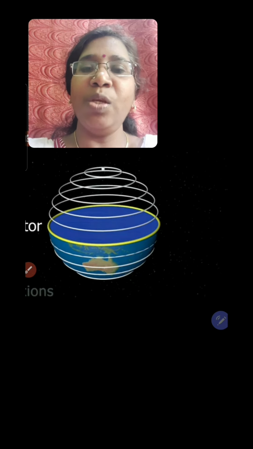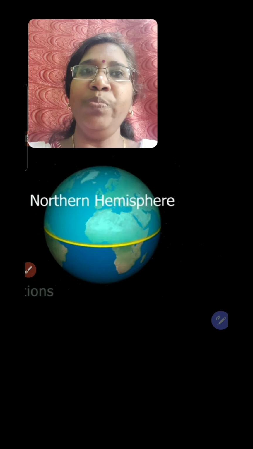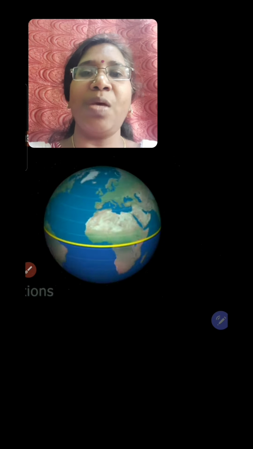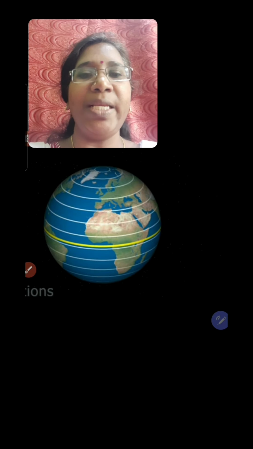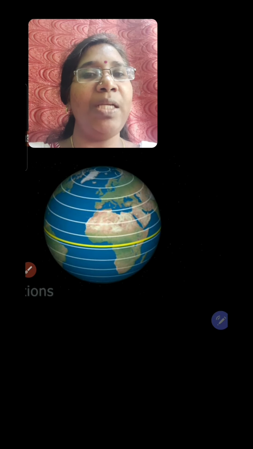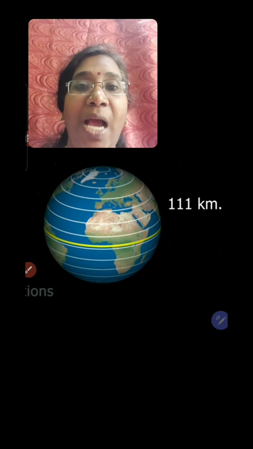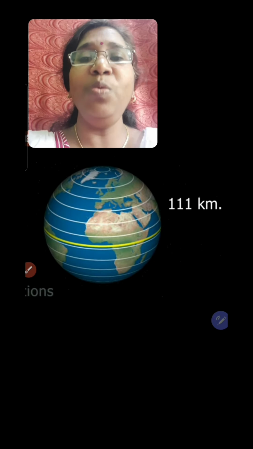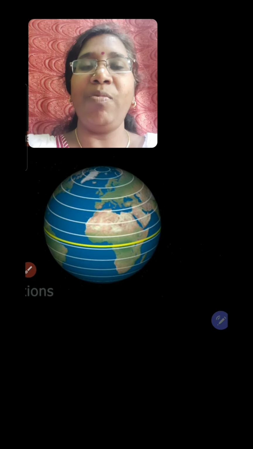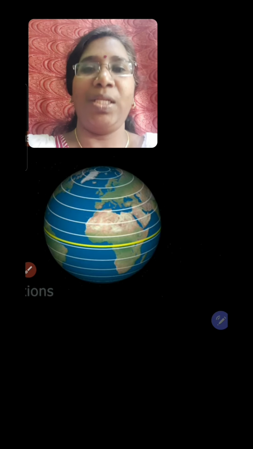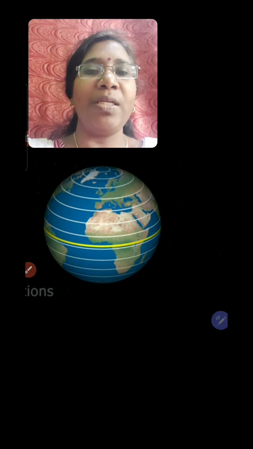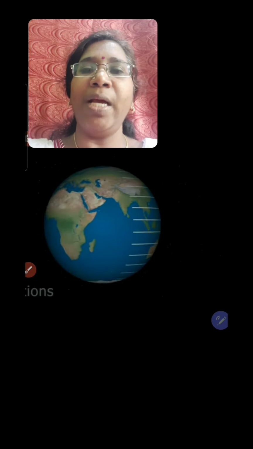When you reach the North Pole, it is just a point. In a similar way, from the equator to the south also, the size of the circle decreases. The equator divides the earth into two equal halves, the northern hemisphere and southern hemisphere, and the distance between two latitudes is 111 kilometers. So these are all the important facts you have to remember regarding latitudes.